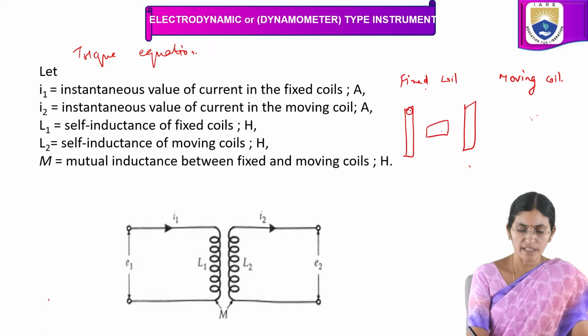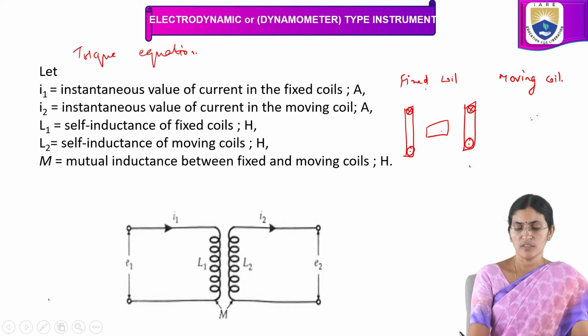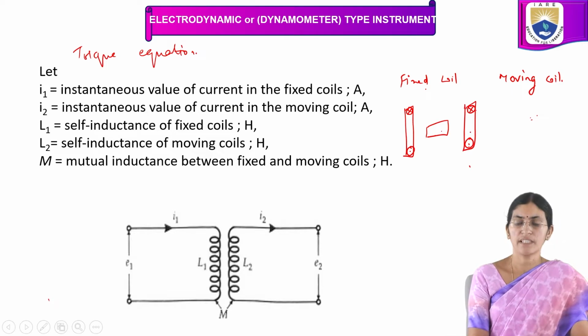Suppose that it carries a current in this direction, and this end of the coil carries a current in this direction. This cross and dot we can determine by the right hand thumb rule.